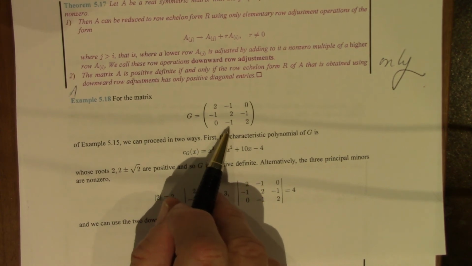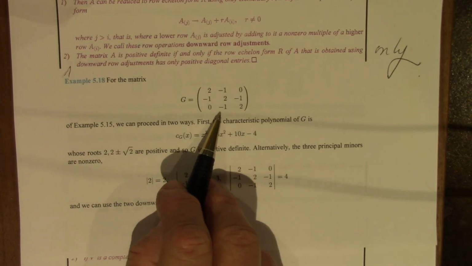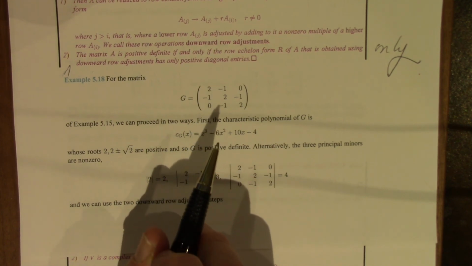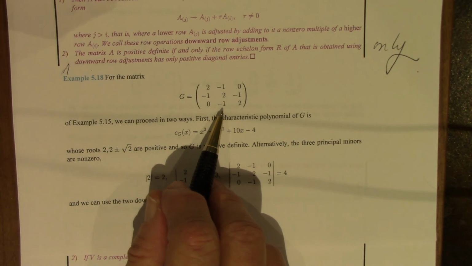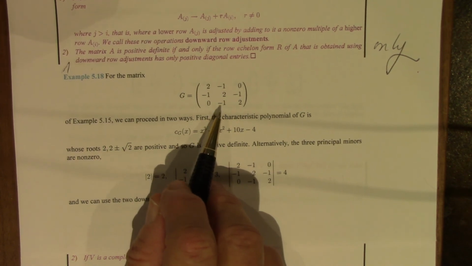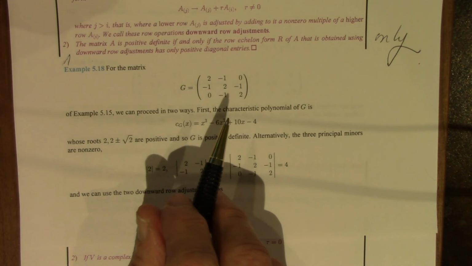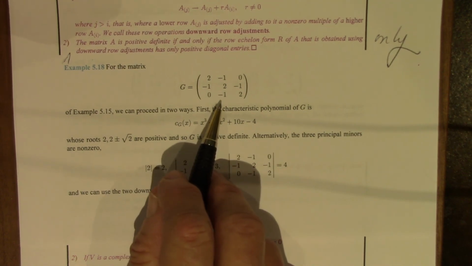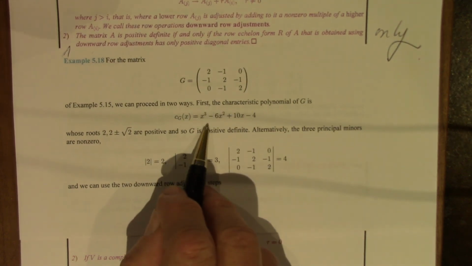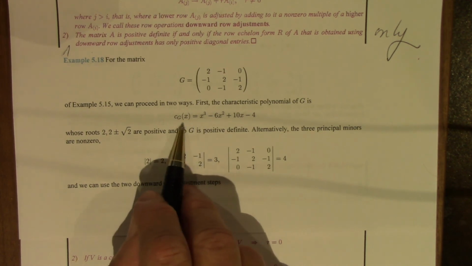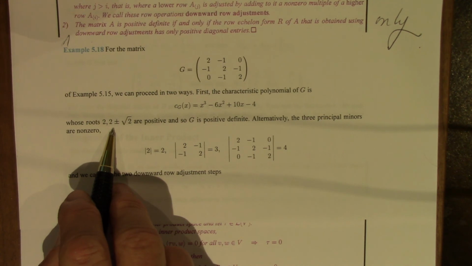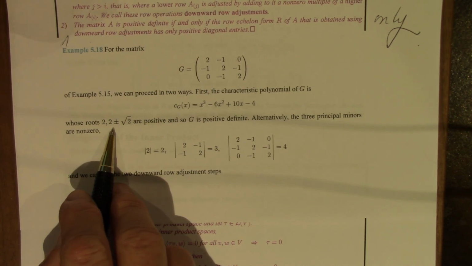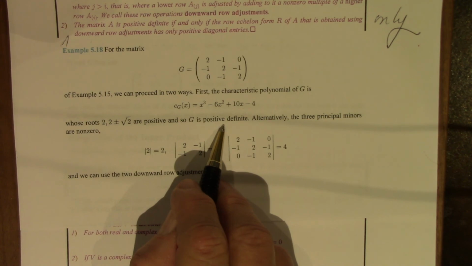Here's the matrix from before. We can proceed in a couple of ways to show this is positive definite. It's self-adjoint, so we don't have to worry about that. The characteristic polynomial is this cubic, and these are its roots. All of these roots are positive, so the matrix is positive definite.